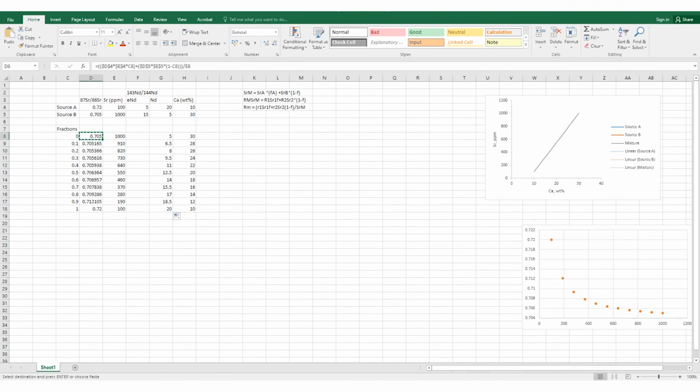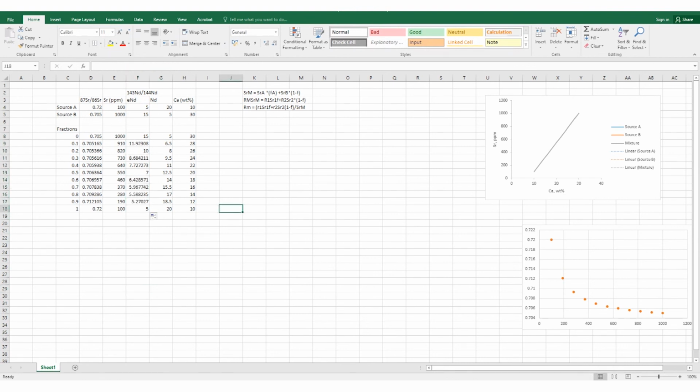Now, if I write the same equation for neodymium, I am just following the strontium equations to make it easier. So, if I do the same, I get this equation which varies from 5 to 15.